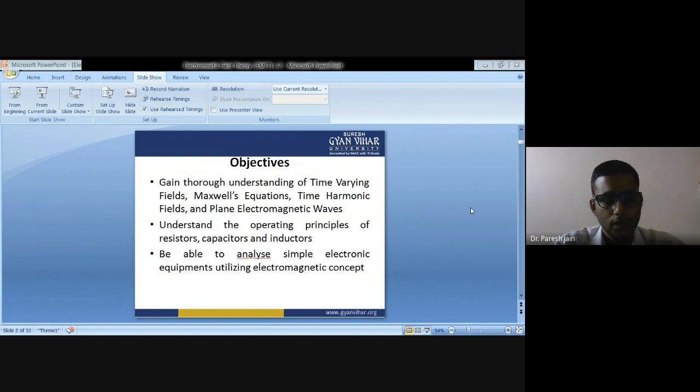So, in this lecture, we will learn about the electromagnetic field theory and electromagnetic spectrum. Understand the operating principles of the resistors, capacitors, and inductors. Able to design electronic equipment utilizing electromagnetic concepts and the applications of electromagnetic field theory.